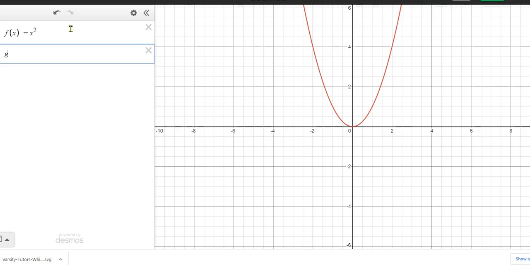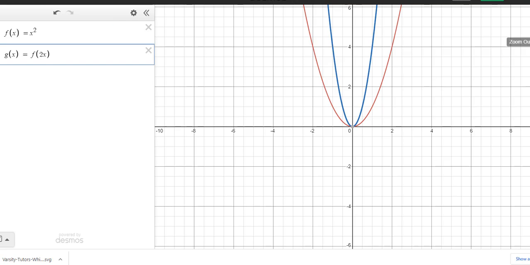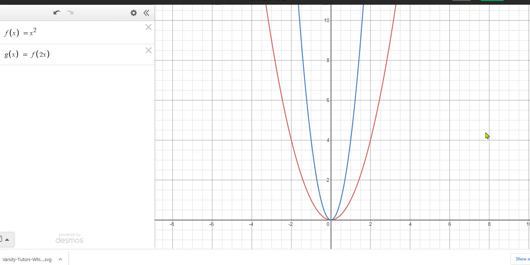Desmos is really useful to get to understand how these function transformations work. So I'm going to call this f of 2x. And there you see in the blue is what I was talking about. So the graph gets sucked in to half the distance to the y-axis here. So the red was f of x equals x squared, and then this is f of 2x.